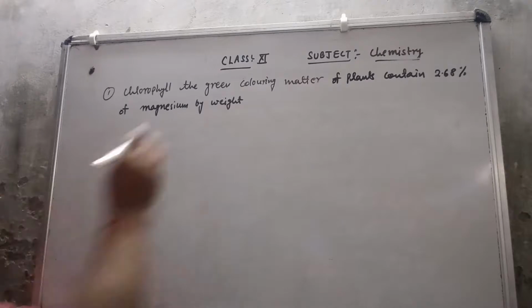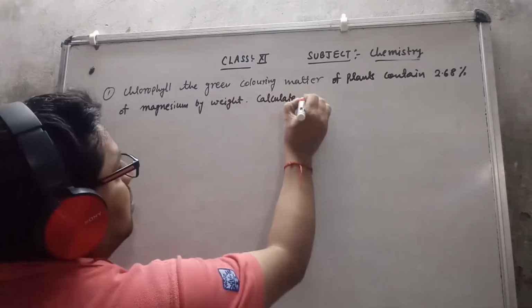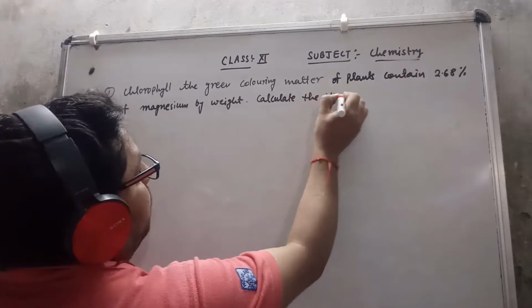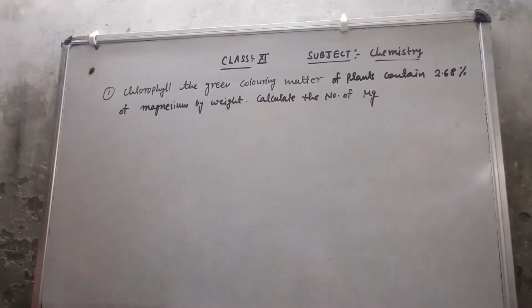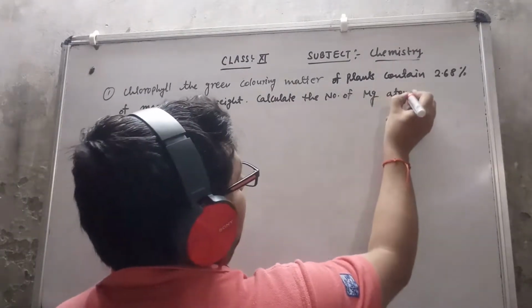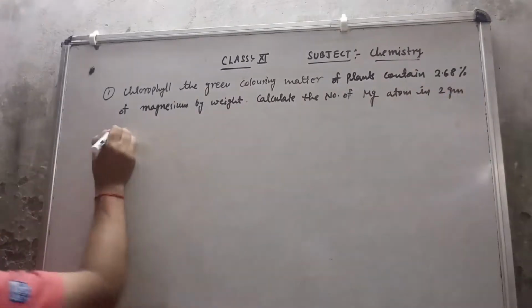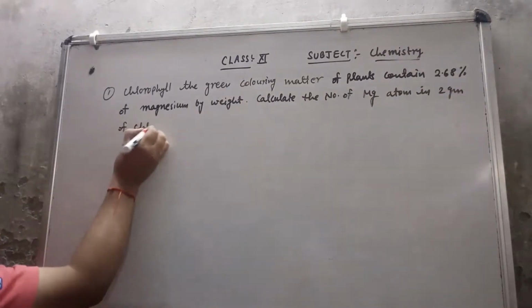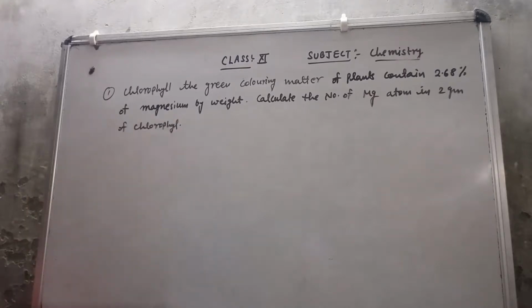Calculate the number of magnesium atoms in 2 gram of chlorophyll. 2 gram of chlorophyll, they are asking the number of magnesium atoms.